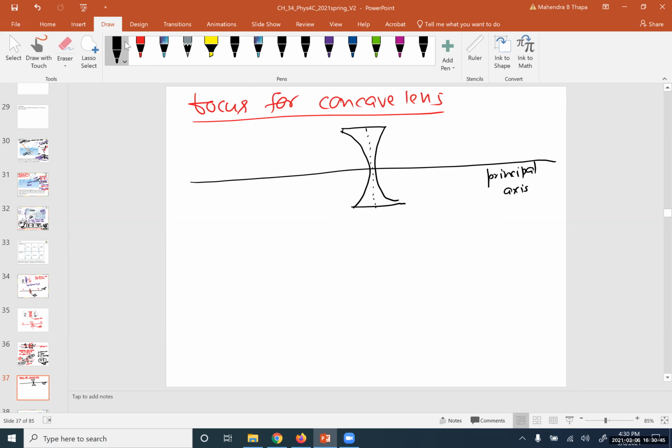When we send light parallel to the principal axis, after refraction at two faces, ray 1 will bend like this, 1 prime, and 2 will bend as 2 prime. When you produce them back, they appear to meet at this point. This is called the focus. This focus is virtual.